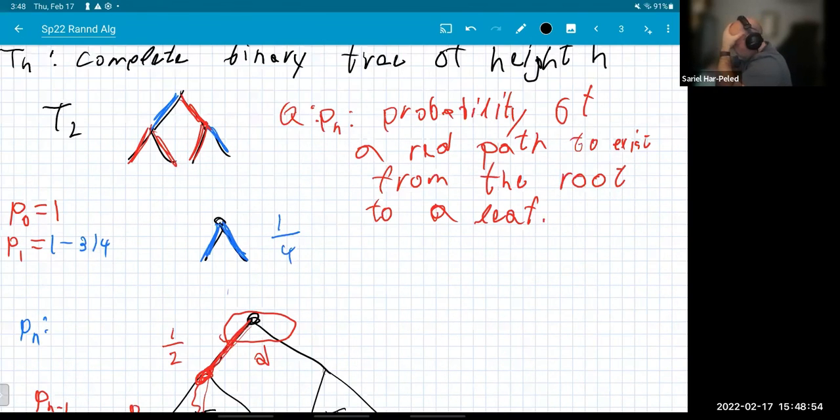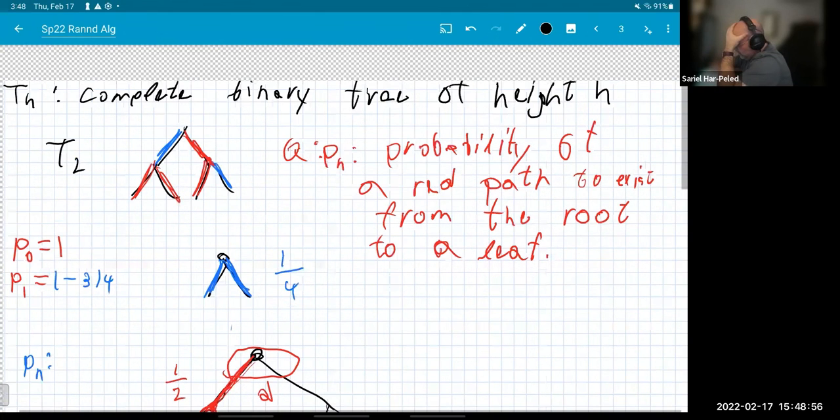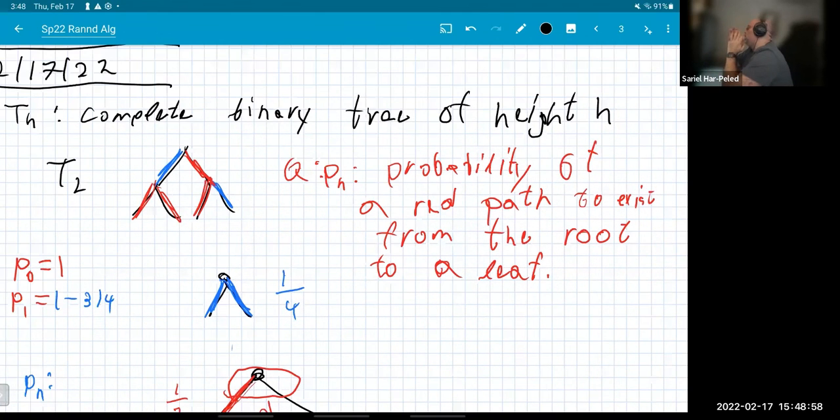right? Because here the distribution for the number of children is either 0, 1, or 2, where the probability for 0 and 2 children is about a quarter, right? And the probability for 1 child is half, right?